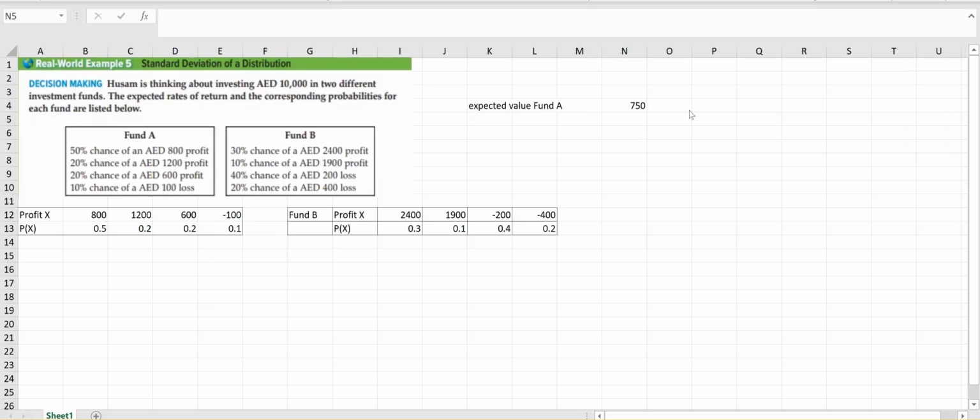So the expected value is B12 times B13 plus C12 times C13 plus D12 times D13, E12 times E13.